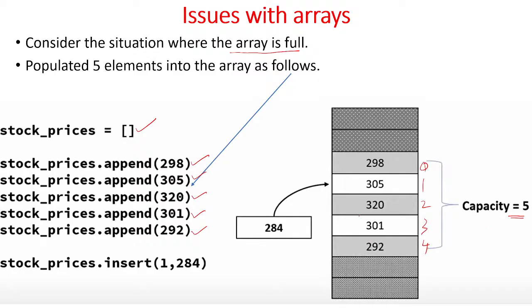The array now becomes full. Now you want to insert a new element 284. There is no extra space provided for this. This is the initial capacity 5. Now a new element you want to add into this.